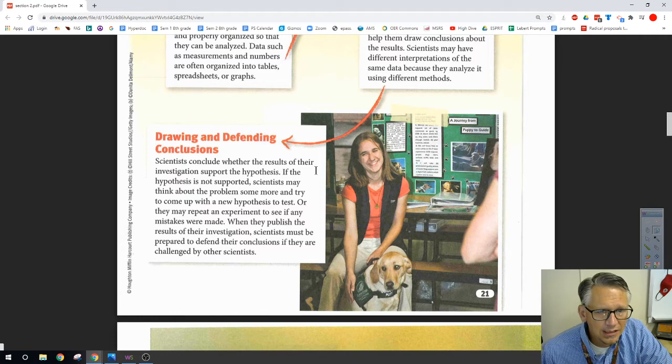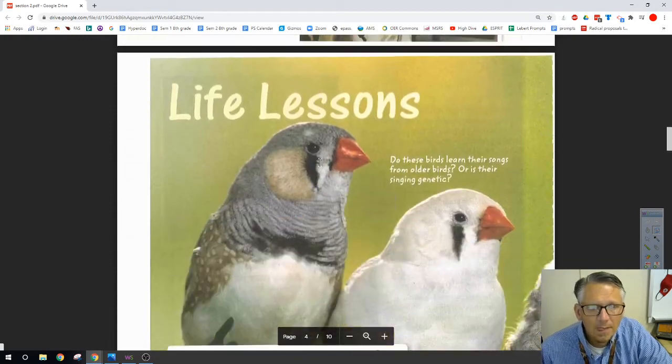If the hypothesis is not supported, scientists may think about the problem some more or try to come up with a new hypothesis to test. Or they may repeat the experiment to see if any mistakes were made. When they publish the results of their investigation, scientists must be prepared to defend their conclusion if they are challenged by other scientists.